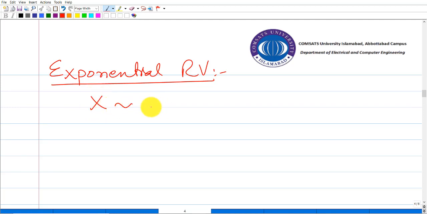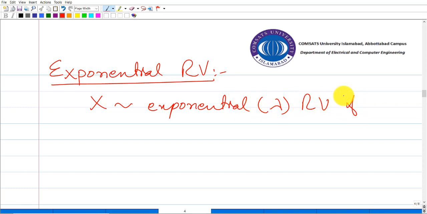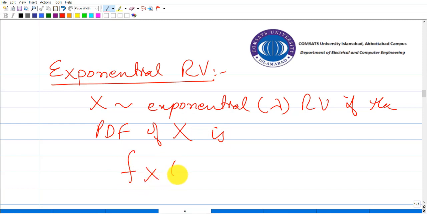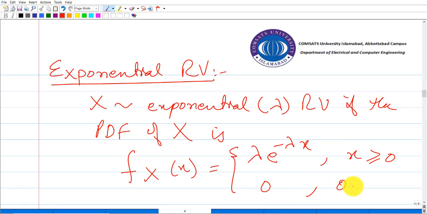So we say that x is an exponential lambda random variable if the PDF of x is defined as f_X(x) equals lambda e raised to power minus lambda x for x greater than or equal to 0, and 0 otherwise.